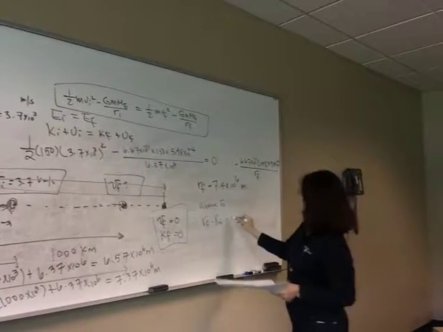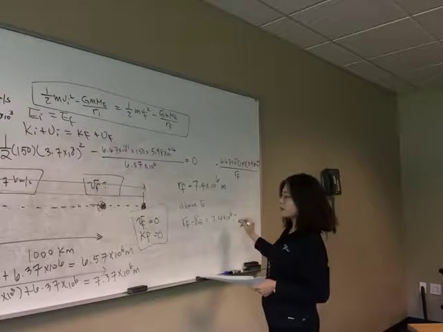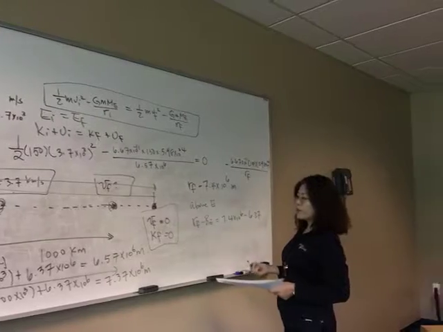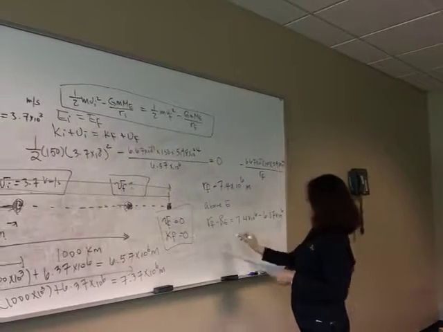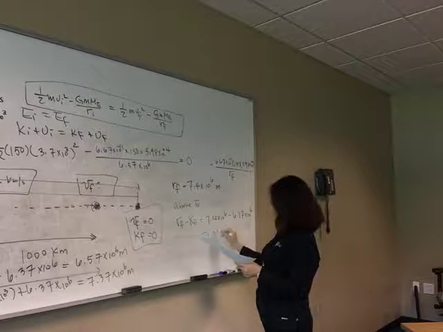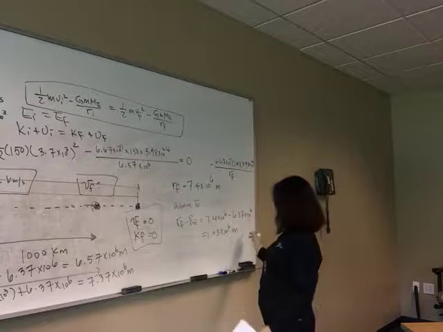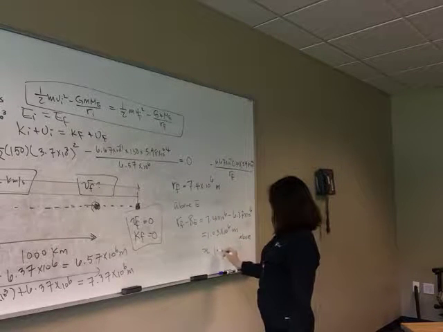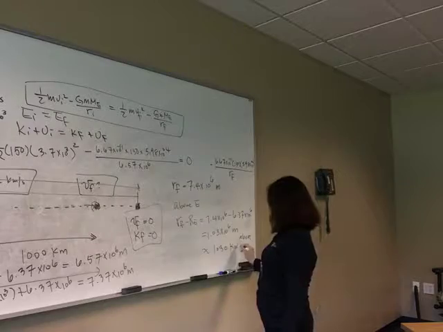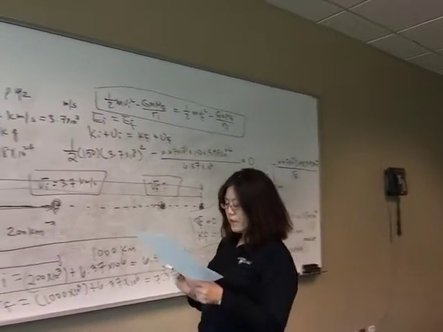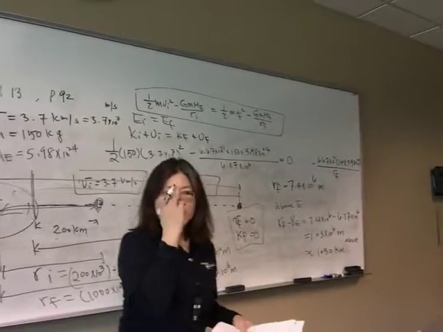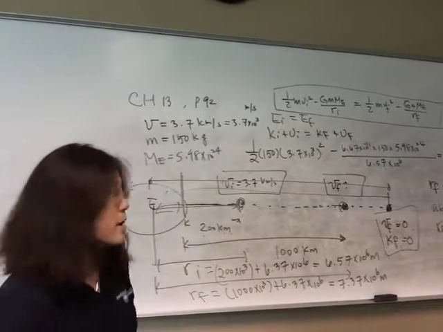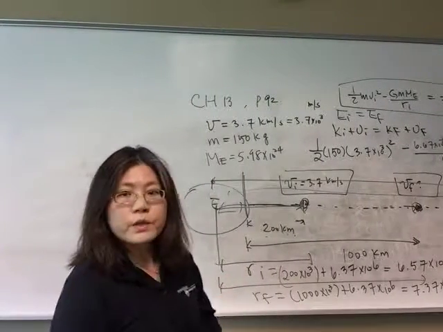So when you do 7.4 times 10 to the 6 minus the radius of the Earth, which is 6.37 times 10 to the 6, you will get 1.03 times 10 to the 6 meters above the Earth, which is about 1,030 kilometers. It's about 1,030 kilometers above the surface of the Earth that the rocket is going to lose its velocity and reach the highest point. Okay.